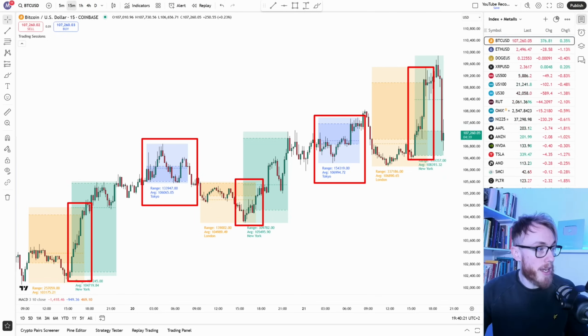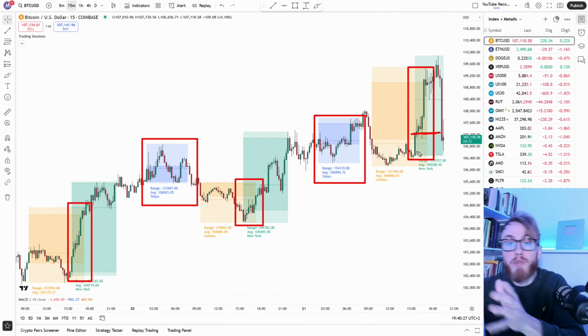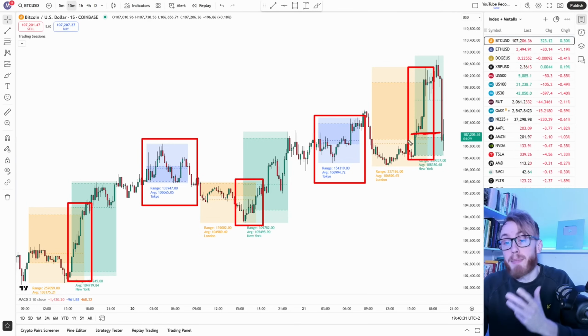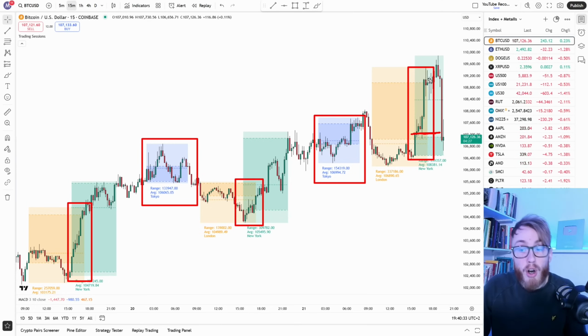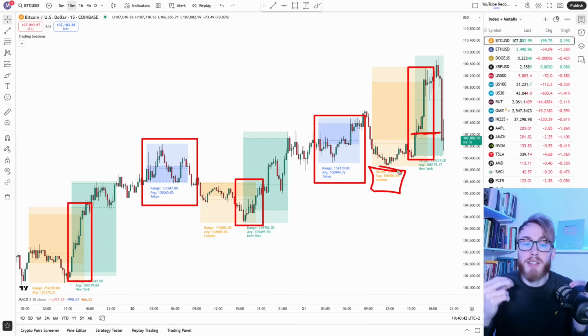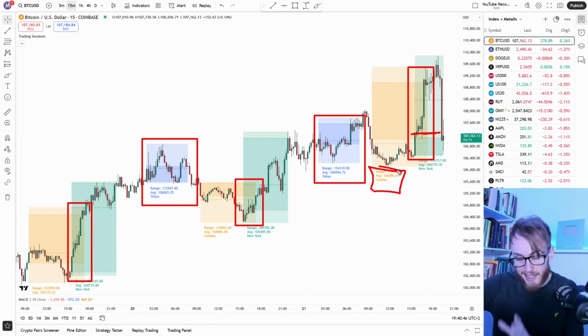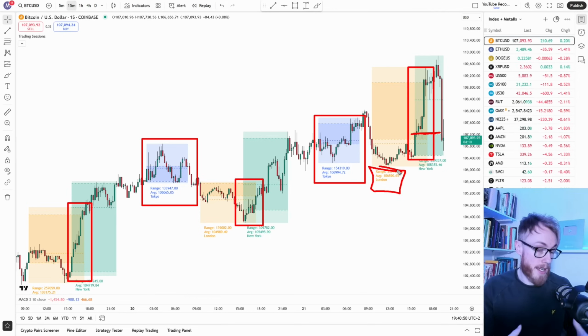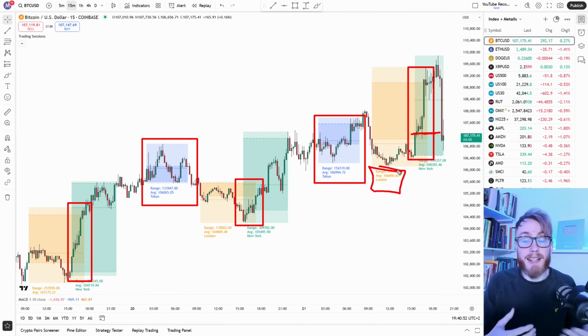Maybe by backtesting, you can find out that your breakout trades work better during the overlap between New York and London. Or maybe you realize that the breakout trades work better after the London session closes, and so on and so on. Trading and technical analysis is much about testing your strategies. And trading sessions is basically an additional tool you can use to potentially improve your strategies, and as a result, make more money.